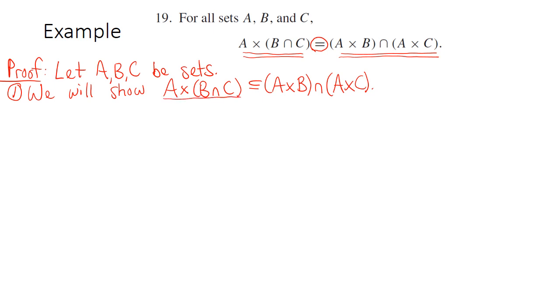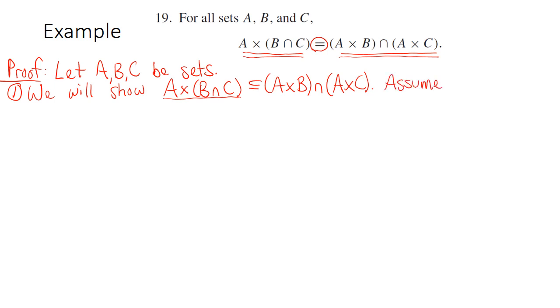But in this case, it's a little bit tricky actually because this is a Cartesian product. So if I just say that x is in A cross B intersect C, that element x is actually an ordered pair. So it's easier for me if I just assume that I have an ordered pair to start with.